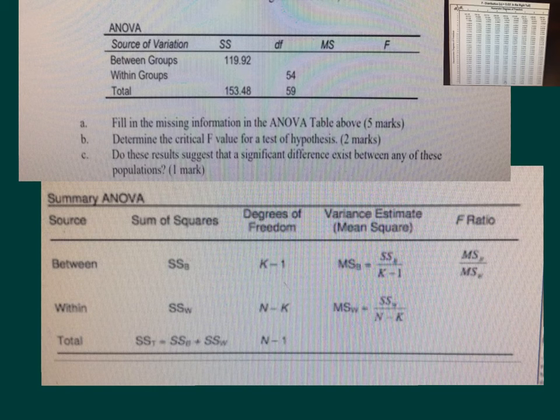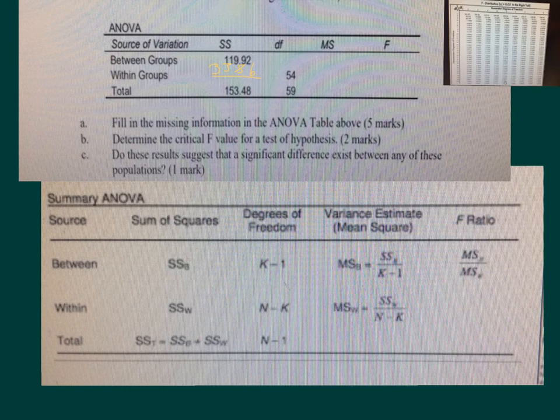So the value that goes in here is the difference between them. If you take 153.48 minus 119.92, I think you're going to get 33.56. I think that's the value, but you should check that, okay?